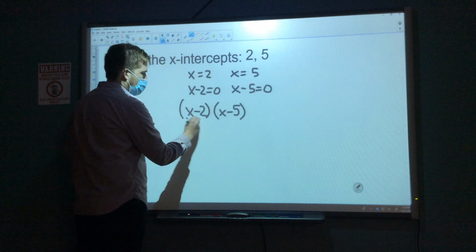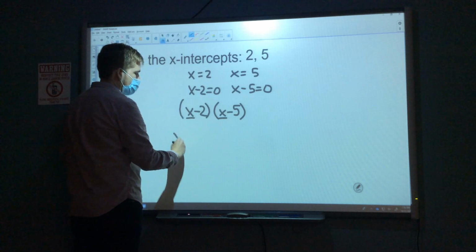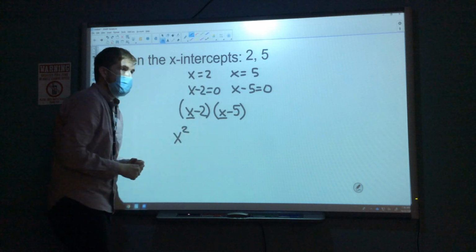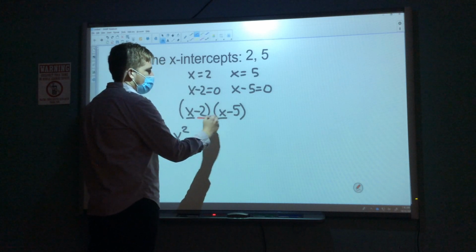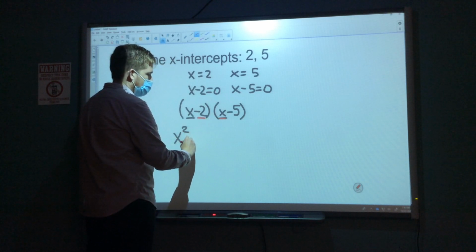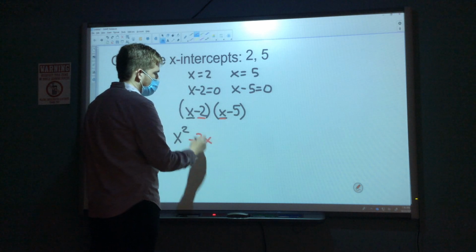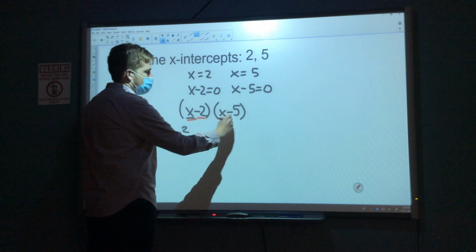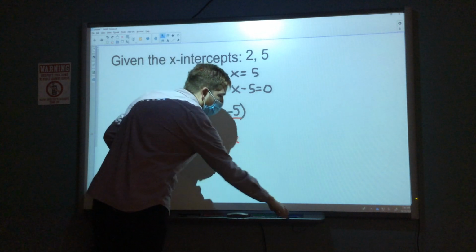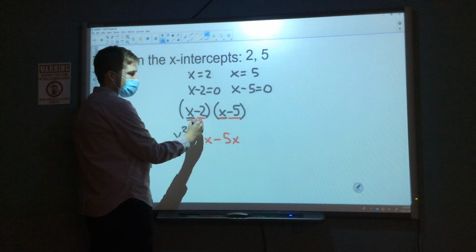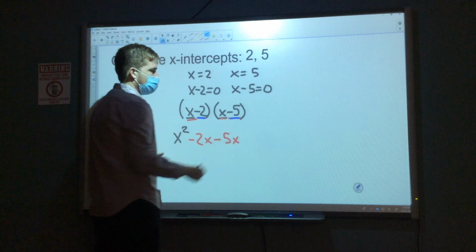So our first term is x times x, so that gives us x squared. We then have negative 2 times x, which is negative 2x. Then we have x times negative 5, minus 5x. And finally we have negative 2 times negative 5.